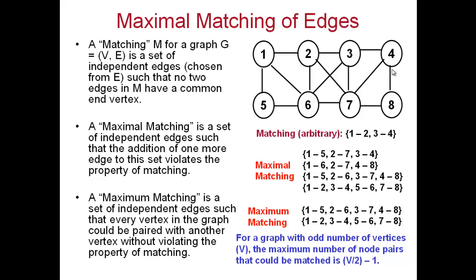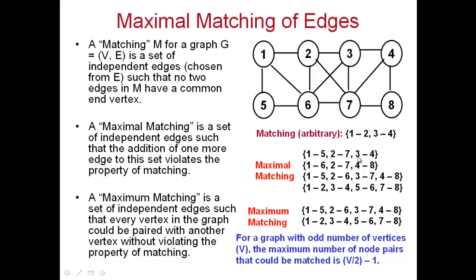Now maximal matching means a set of edges that satisfies the property of matching, but adding any more edge to that set will violate the property of matching. That's called a maximal matching. So any of these 4 satisfy this property of matching, but adding any more edge to any of these will violate the property of matching.